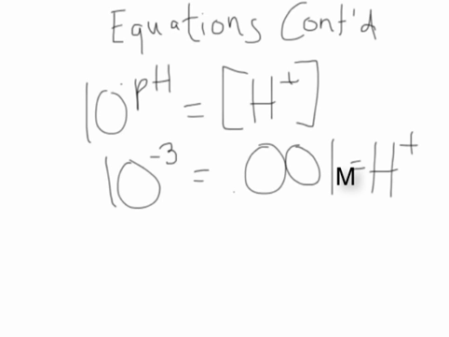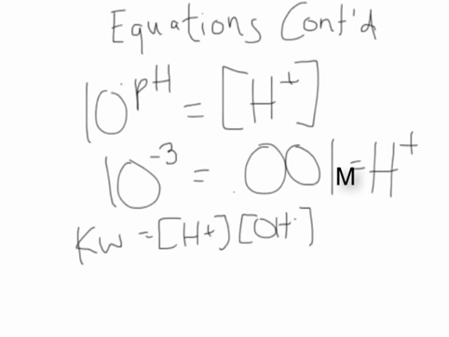And so then what you could do is you could go back to the KW equation, KW equals H plus times OH negative, and this is H plus, and you already have the pH. So in order to find the pOH, you could have just done the pH here plus the pOH and get 14, and then you figure that out like before.